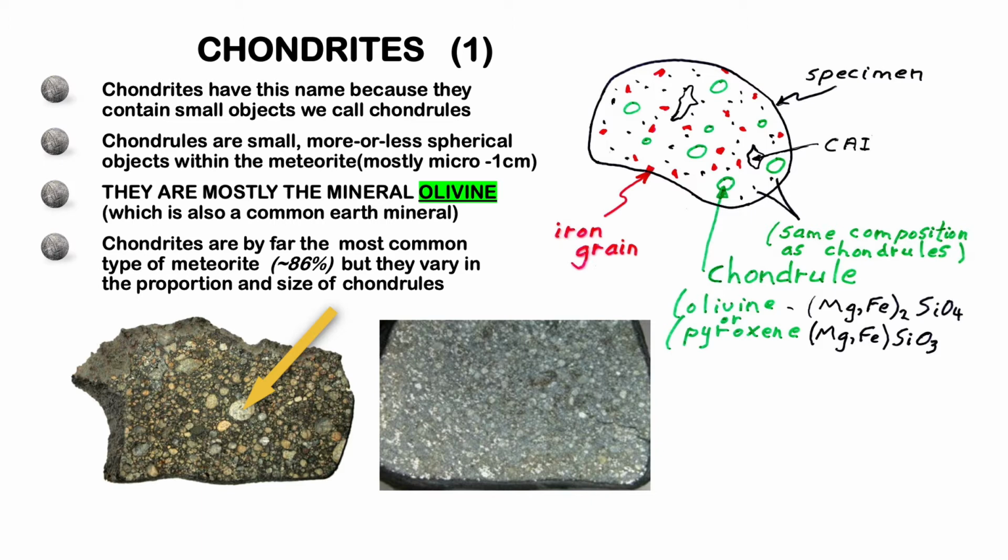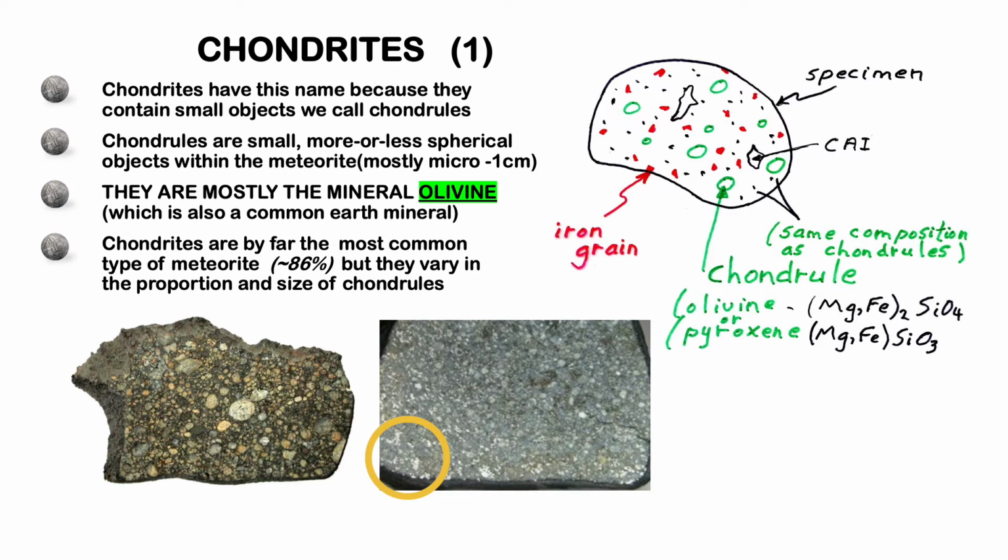That's fairly unusual to find them that big. They're typically not more than 3 or 4 millimeters. And the very smallest ones on that cut face wouldn't be more than about 1 millimeter.